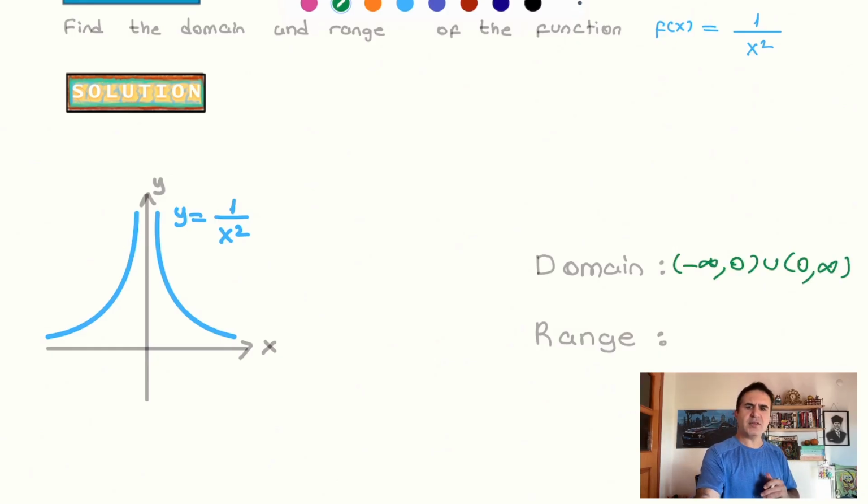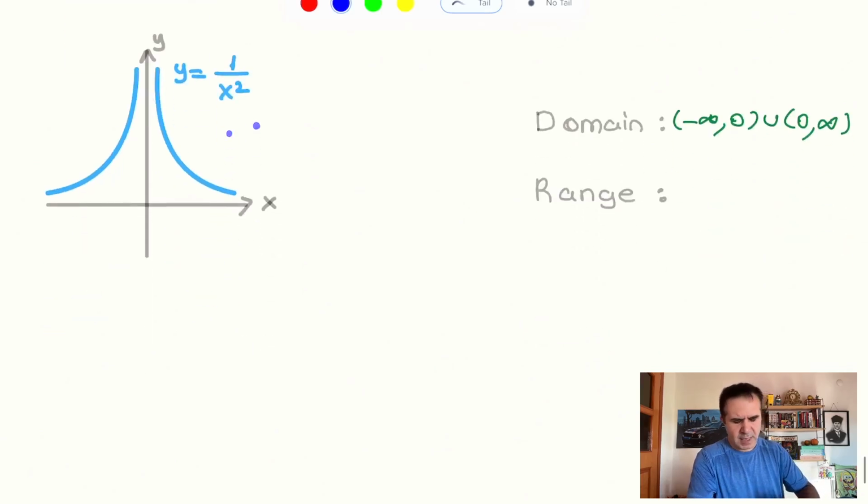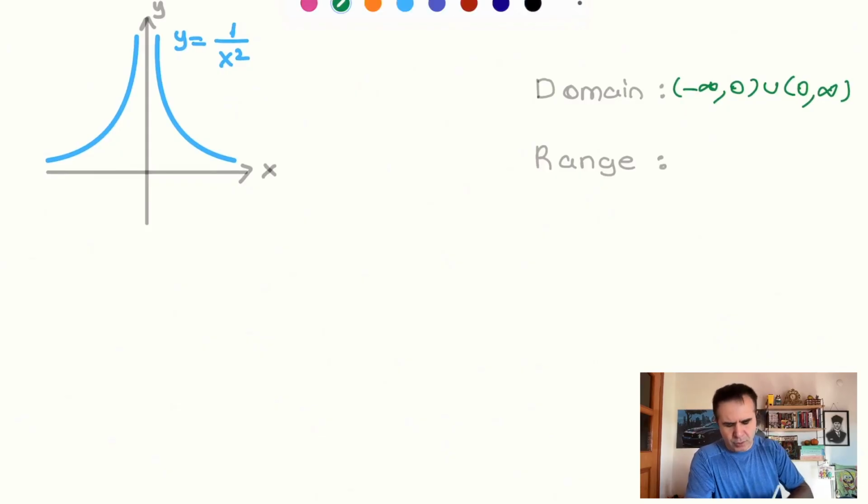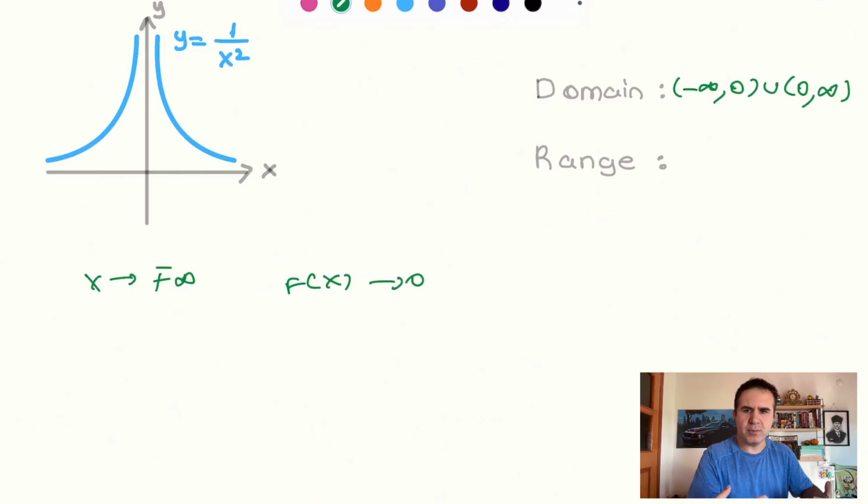Range. Again, the range is all possible values f of x can take. Since f of x equals 1 over x squared is always positive for any non-zero x. And as x goes to plus infinity or as x goes to minus infinity, f of x approaches 0 but never actually reaches 0.